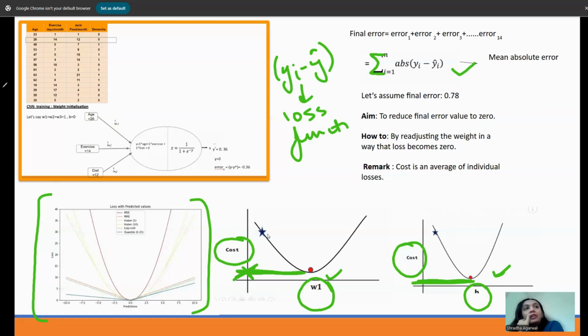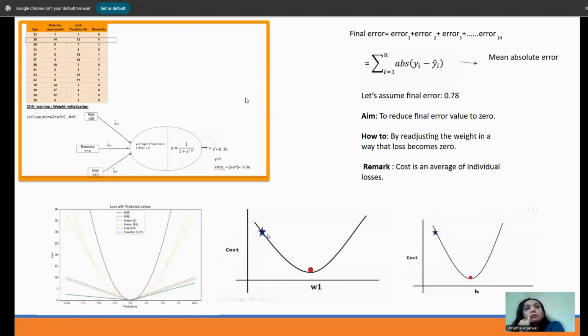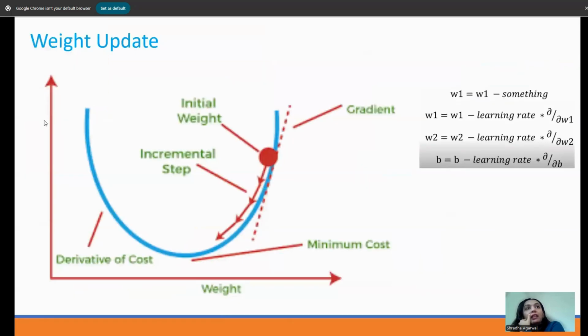So now when you start training your model, let us see here. Now what is happening here is very, very important. Let us take a nice color here. Okay.